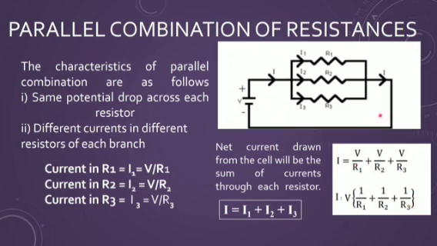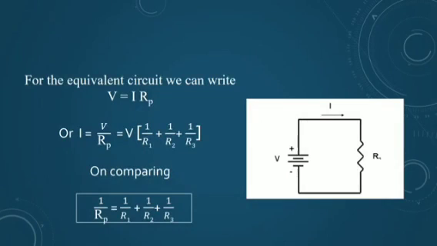Now again if I go with the equivalent circuit, I may call this resistance the equivalent resistance. Then I will have the circuit again like this, and from the equivalent circuit you get the potential drop V equals I Rp, or you can write I equals V upon Rp.